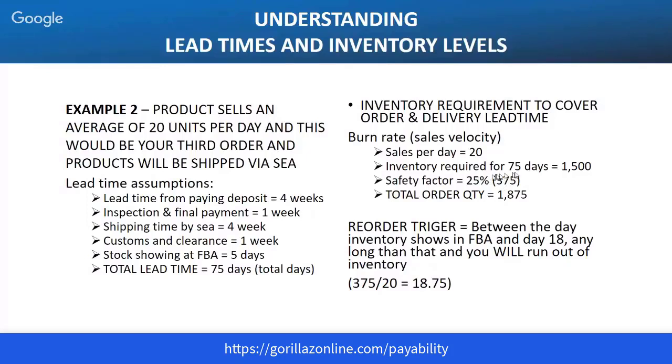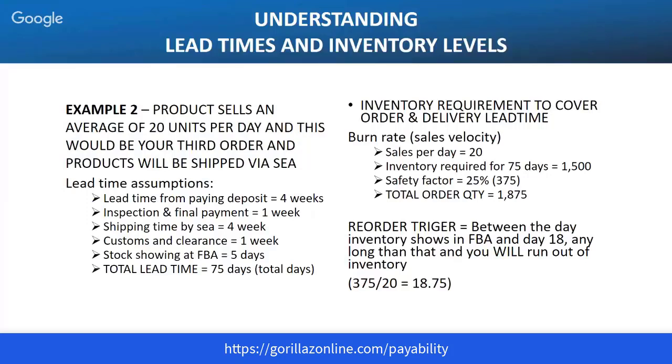Inventory required for 75 days is 1,500. Let's throw a safety factor in now, just in case you sell a few more or there's a little bit of jiggery-pokery going on. So call it 25%. 25% of 1,500 is 375. So total order quantity required now is 1,875 units of our widget.